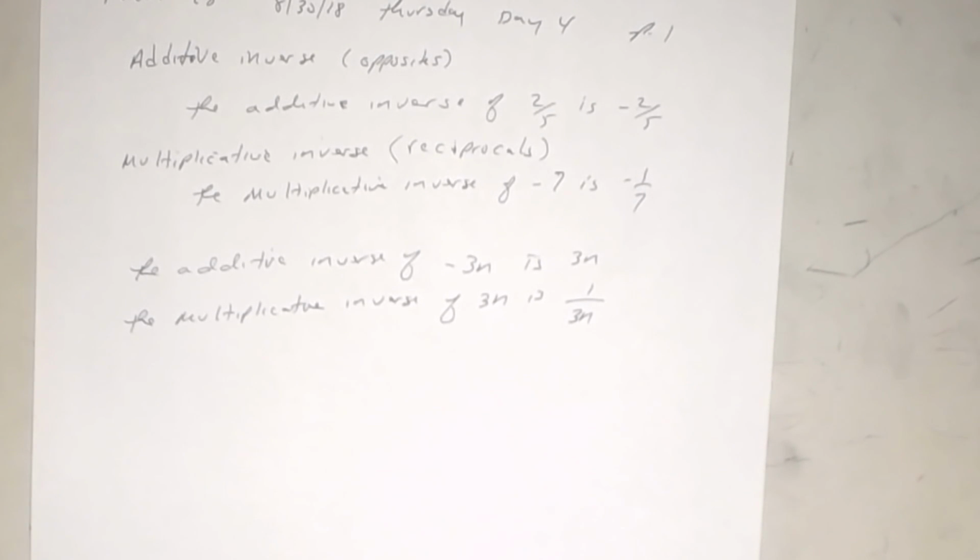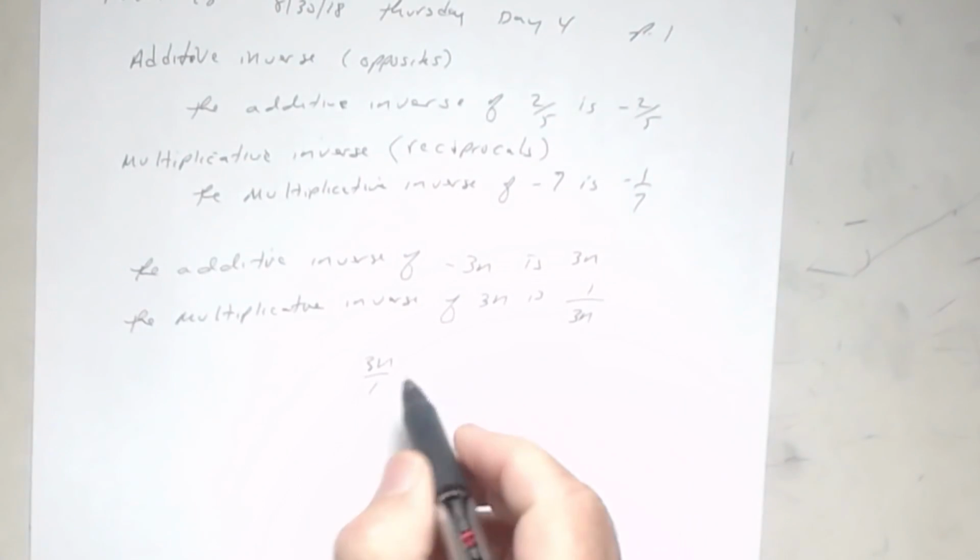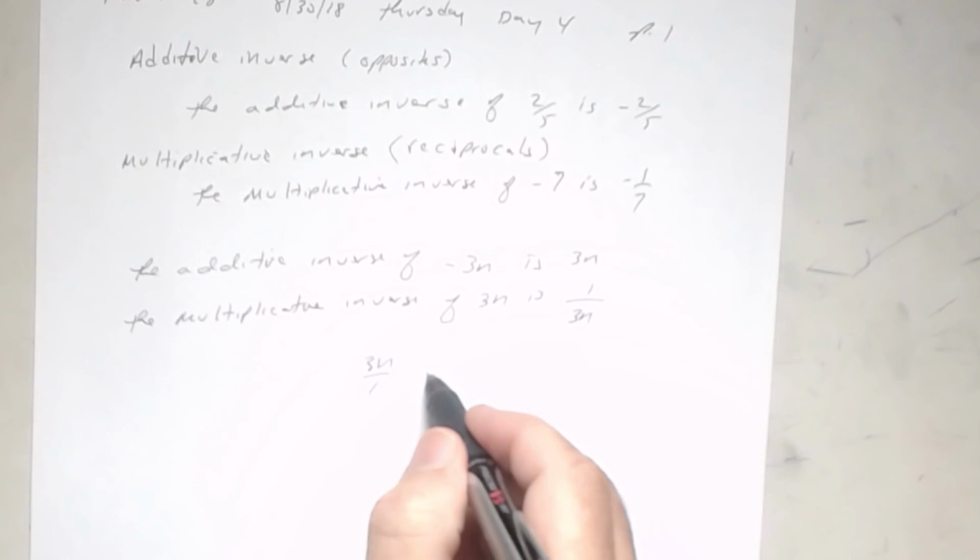Change the sign. The opposite. So the opposite of -3n is a positive 3n. And when you do the multiplication one, that's the reciprocal. You flip the numbers. The numerator becomes the denominator, the denominator becomes the numerator. Okay. So 3n is the same thing as saying 3n over 1, right? And so then the multiplicative inverse would be 1 over 3n.